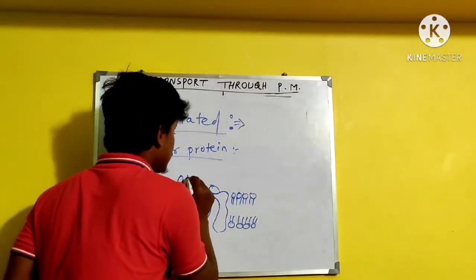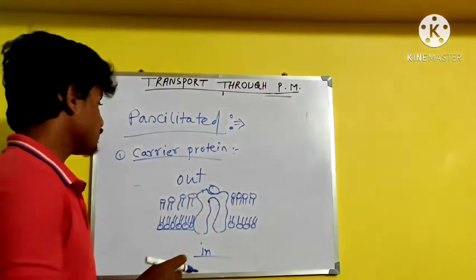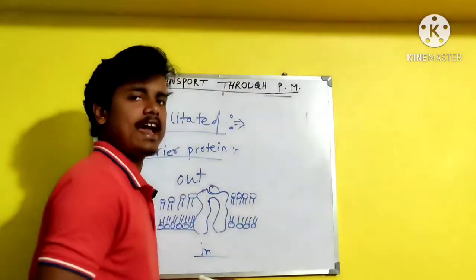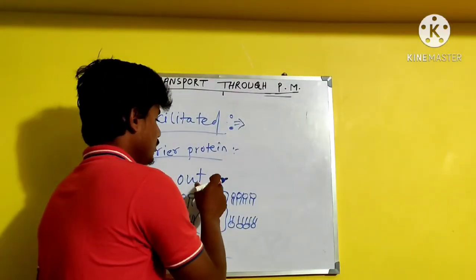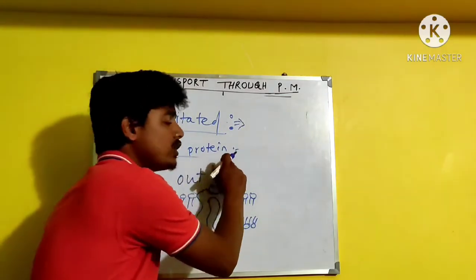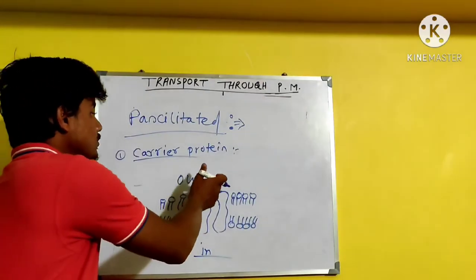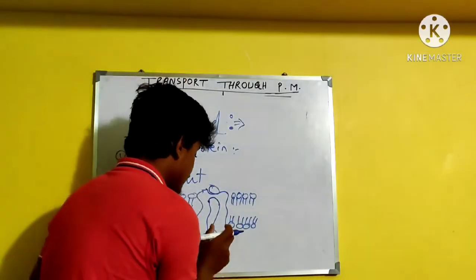This is outside of the cell and this is inside of the cell. When any kind of ligand, hormone, nutrient, or ion binds, a conformational change will occur in the carrier protein, and the ligand, ion, or nutrient can enter the inside of the cell.